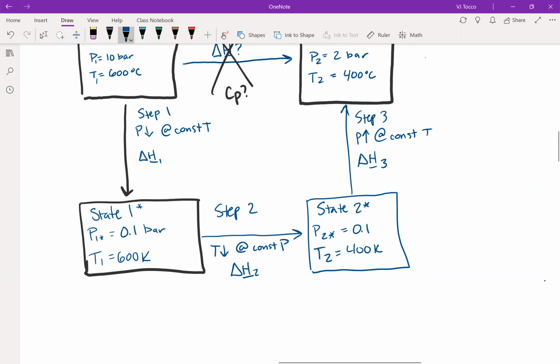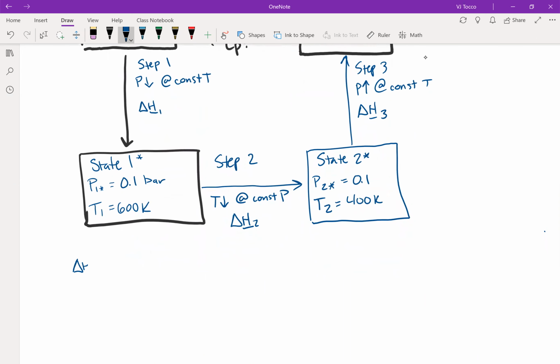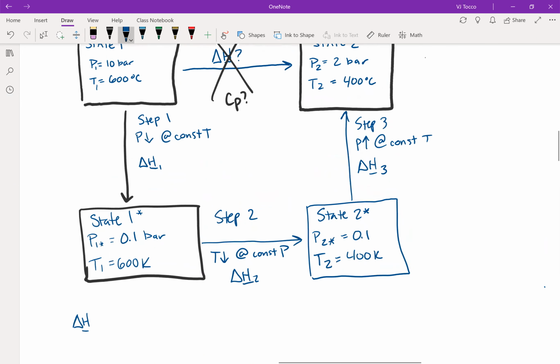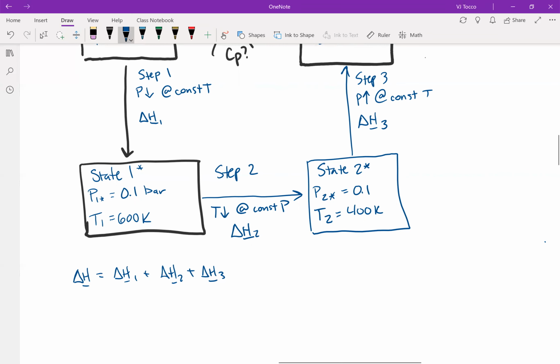And again, because H is a state function, I can say that delta H overall, the delta H for the direct process from state 1 to state 2, is equal to delta H1 plus delta H2 plus delta H3. So I've made it a little bit more work. Instead of going directly, I now have to do 3 separate calculations and add them together, but it's going to get me a useful solution.